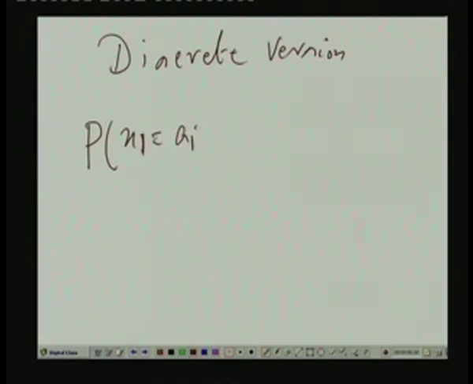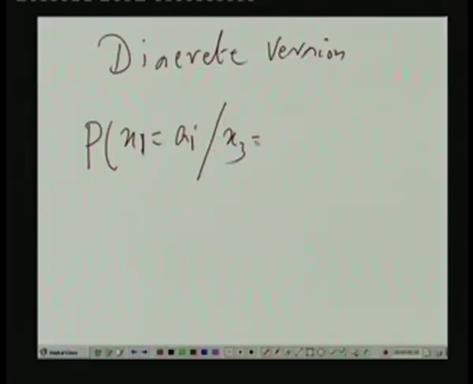For x1 there is a set, we call it alphabet a1, a2, a3 and so on, out of which x1 is taking a value ai. Conditioned on another random variable, say x3, it takes values from another set c1, c2, c3 and so on, but right now it is conditioned to take the value ci.